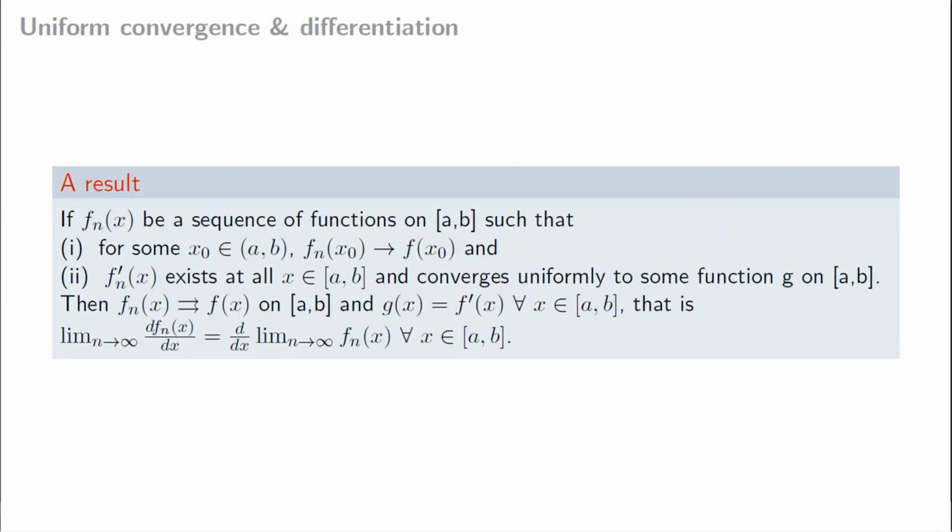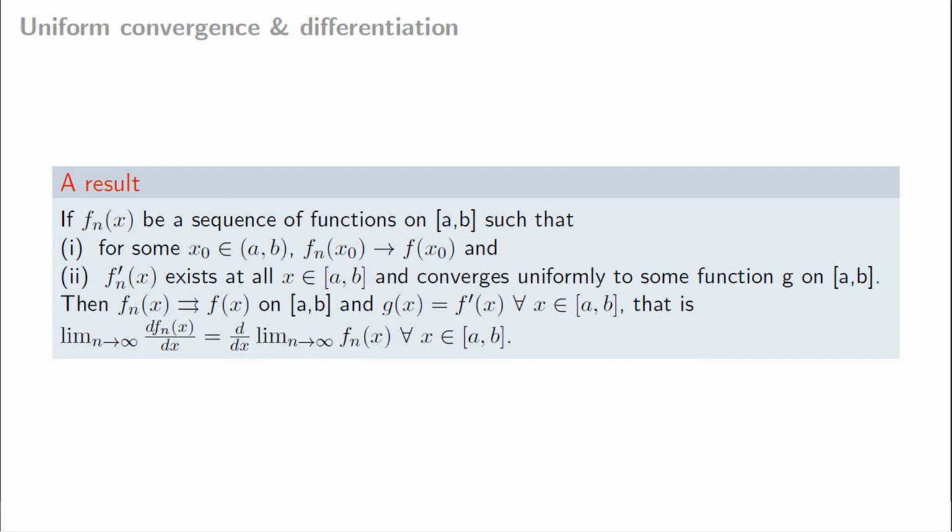So next, consider uniform convergence and differentiation. Suppose fn(x) is a sequence of functions on the closed interval [a, b] such that for some x naught belonging to the open interval (a, b), fn(x naught) tends to f(x naught), and fn dash x, that is the first derivative of fn(x) with respect to x, exists at all x belonging to [a, b] and converges uniformly to some function g on [a, b].